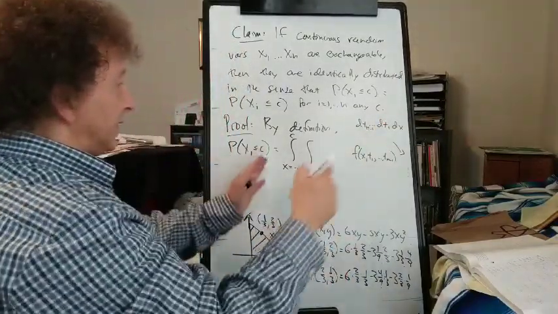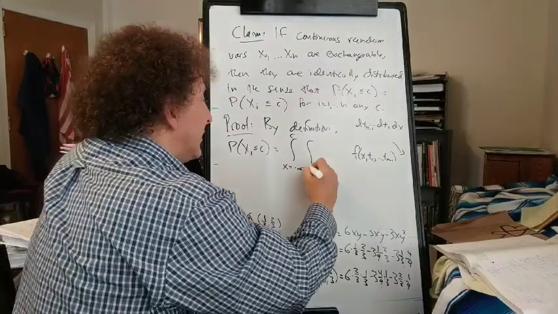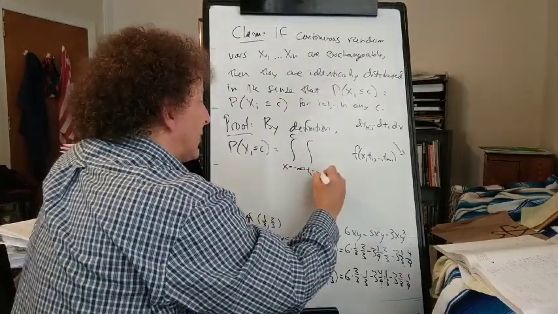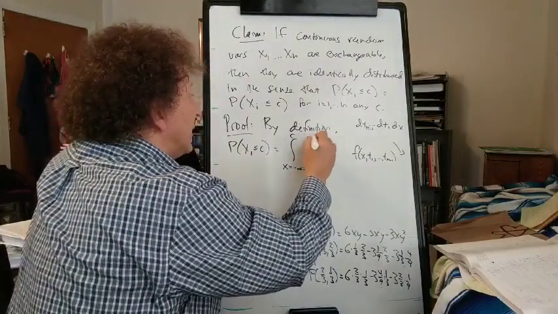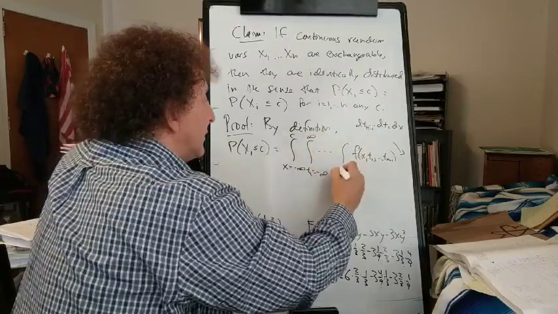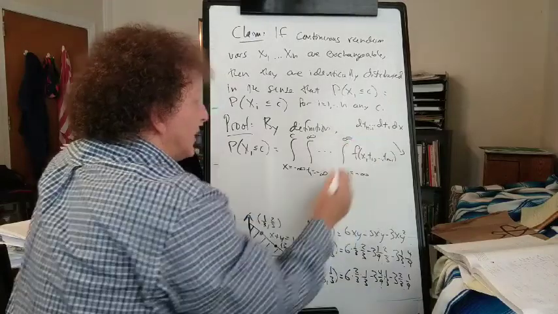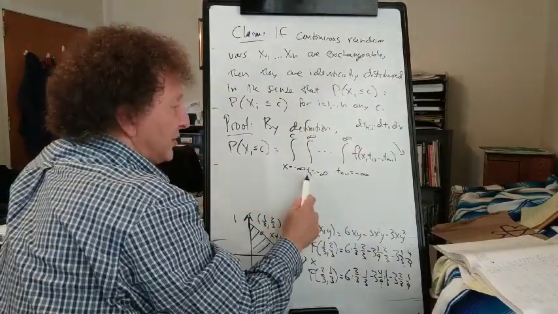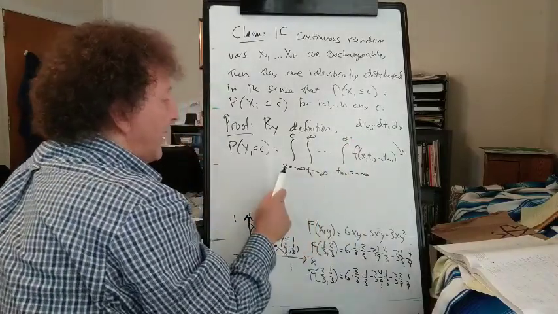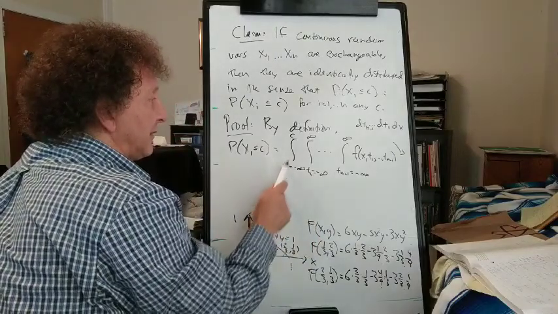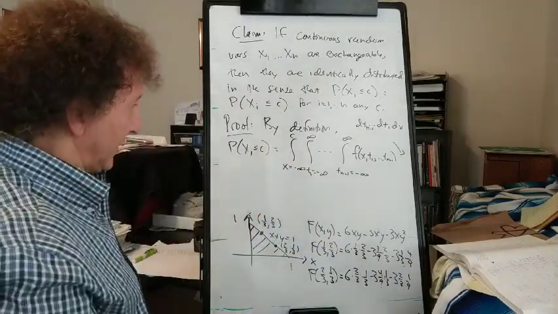So we'll put the dx integral first, and then t1 is going to go from negative infinity to infinity, and tn minus 1 is going to go from negative infinity to infinity. So we're integrating out all of the variables t1 through tn minus 1, and then we're going to let x go from negative infinity to c to get the probability that X1 is less than or equal to c.